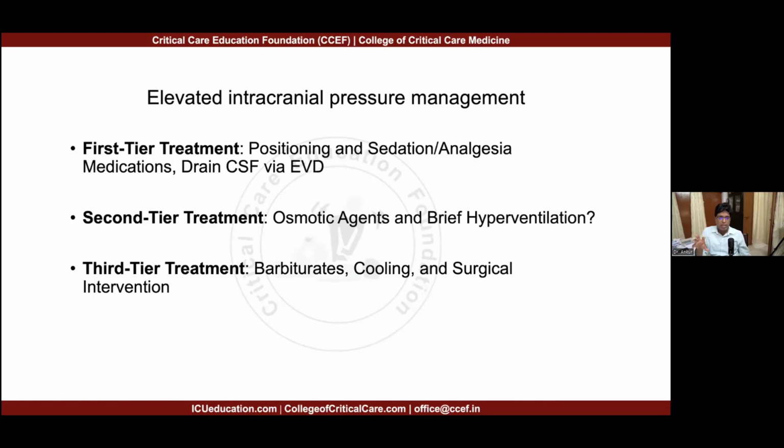So you can try that. Bolus doses are there. One fact which I read and found is that continuous infusion is not very superior after 2 or 3 days as compared to bolus doses of hypertonic saline.